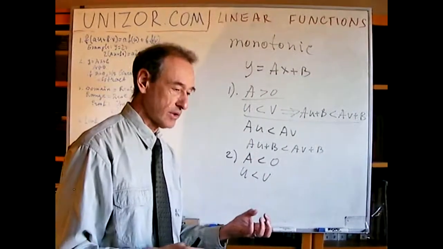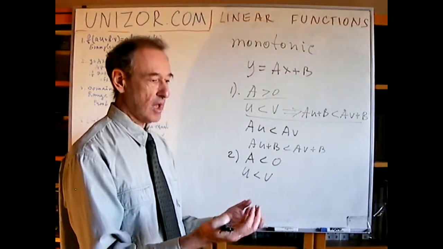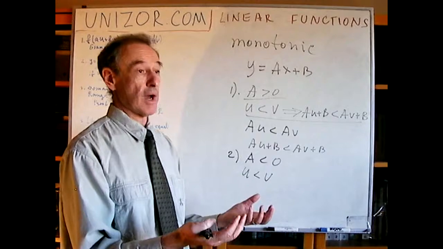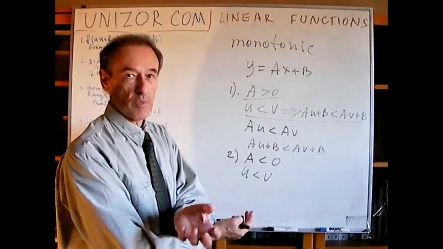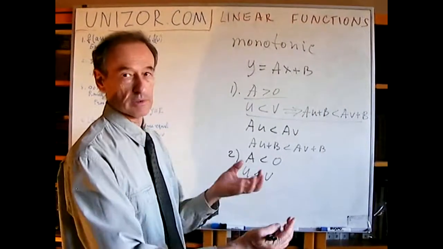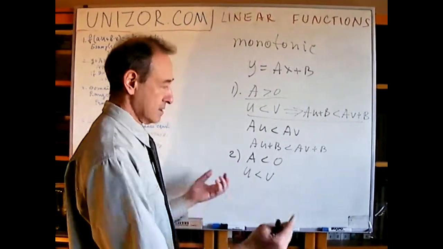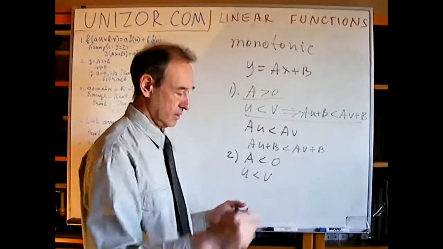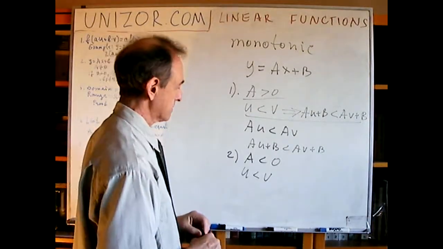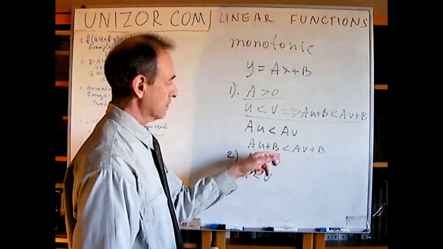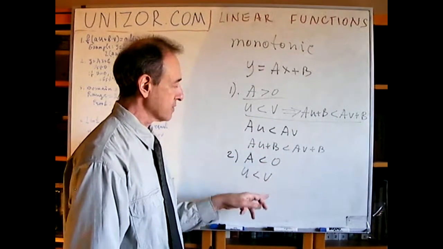If you have a smaller number and a bigger number, but then you multiply them by, let's say, minus 1, then this number becomes bigger and this number becomes smaller. They are positioned on different sides of the numeric axis. And then again you add the same number to both sides.